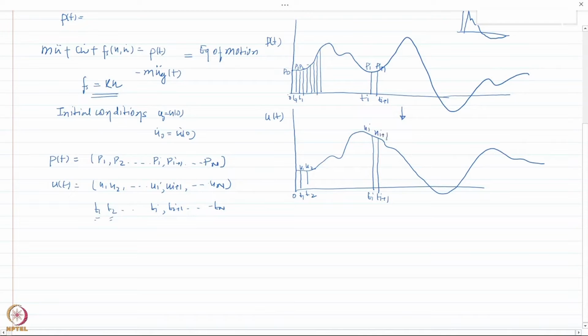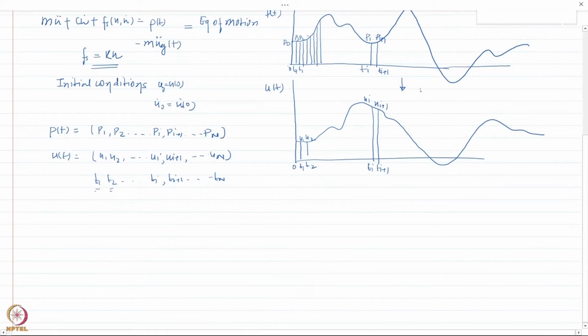So this is our goal here: how from discretized points that represent the excitation function, we can get our response like this. The way we do it, we employ numerical methods to calculate the response.